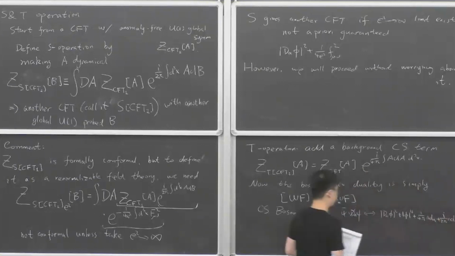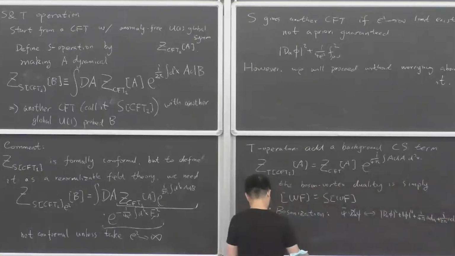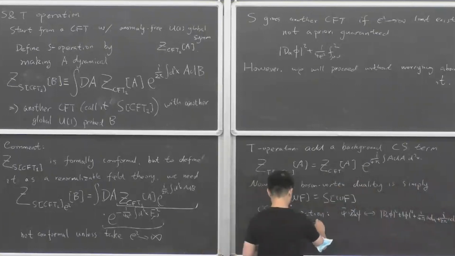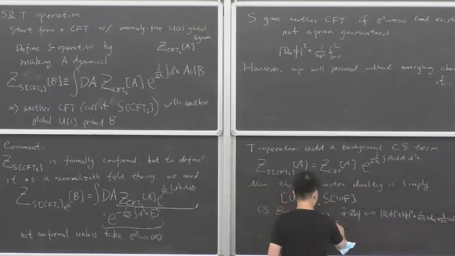Right, it's that. So that becomes simply: Dirac fermion is equal to ST of Wilson-Fisher.